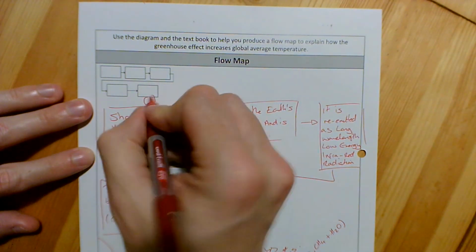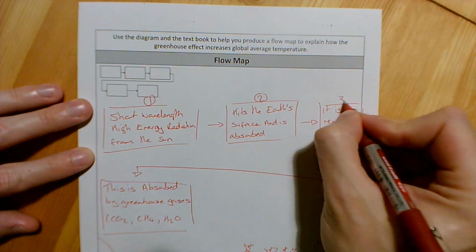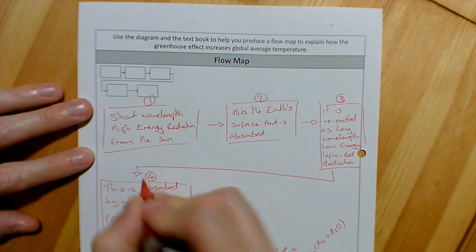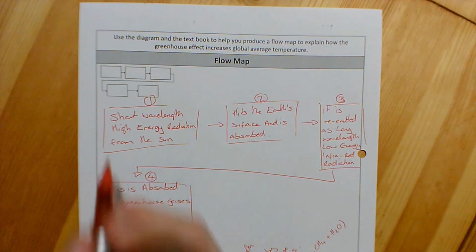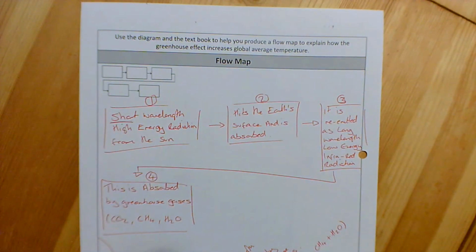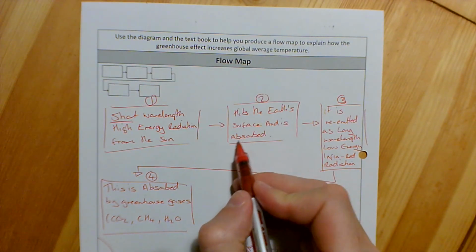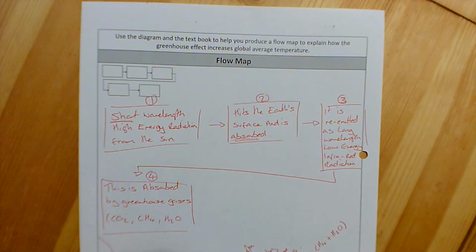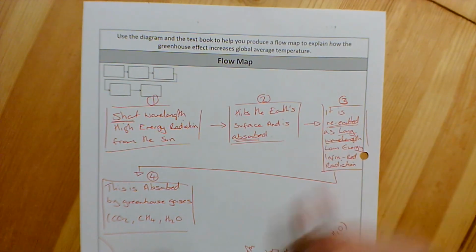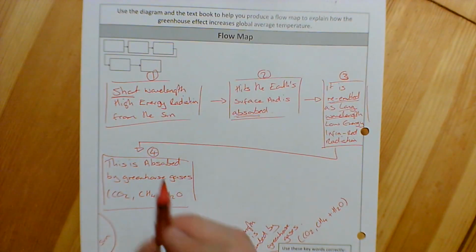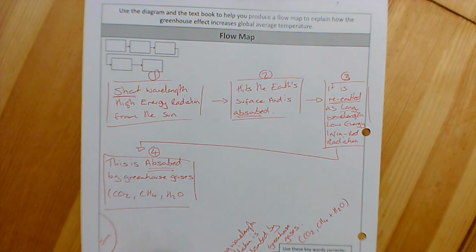So 1, 2, 3, 4 steps, and it is really, really important that we are using the key terminology here, that we are talking about short wavelength radiation from the sun. It hits the Earth's surface and is absorbed. It is re-emitted as long wavelength infrared radiation, and this is absorbed by the greenhouse gases.